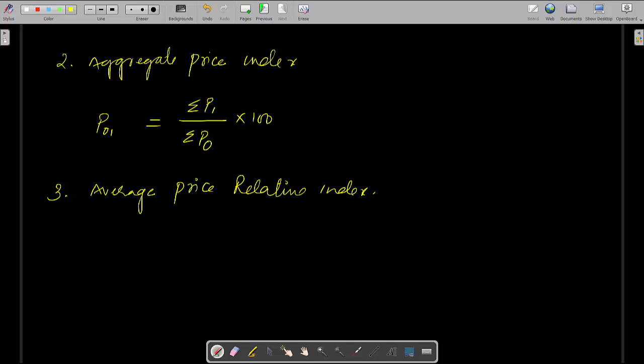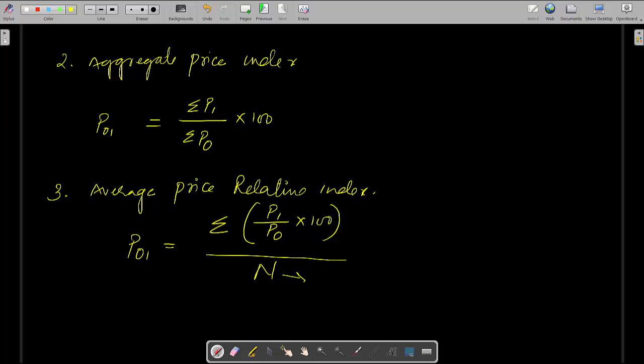So the formula to calculate this is P01 is equal to sum of P1 by P0 into 100, divided by N. Here N is referring to the number of commodities.